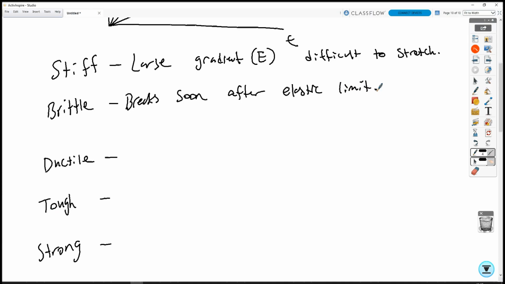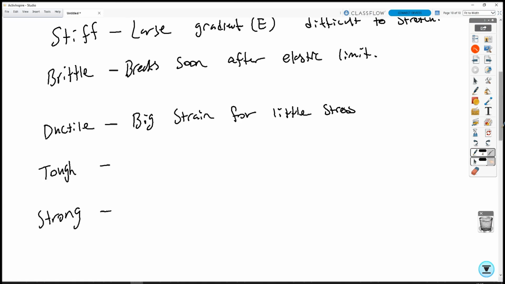Ductile means that you get large strains for small stresses. Things that are ductile tend to be easy to shape. So for example, if you want to roll them into wires, you want a material that's ductile.